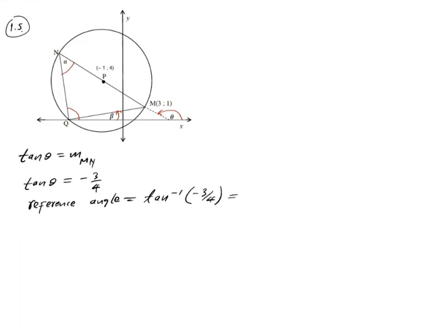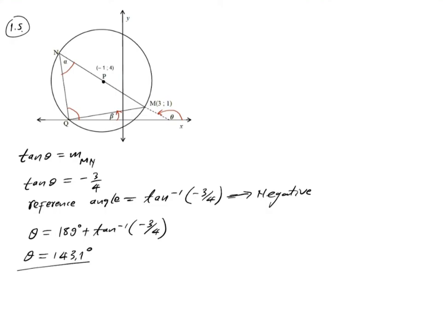Now, the answer that you get here is going to be negative. Because this is negative, theta will be 180 degrees plus shift tan of negative 3 over 4. Now when you put this in your calculator, theta becomes 143.1 degrees. Now that is the angle theta. We're not done solving this. So we proceed.